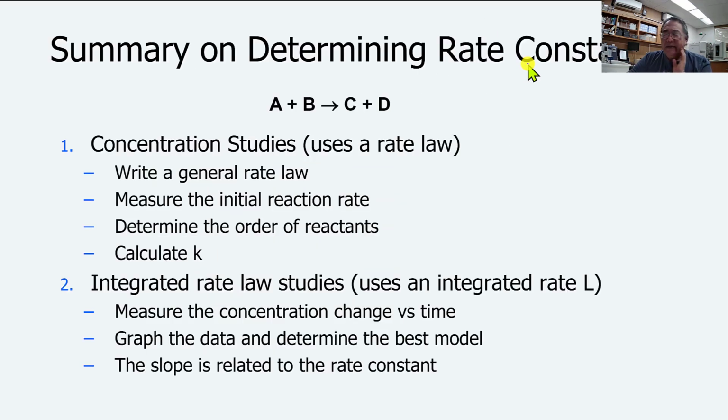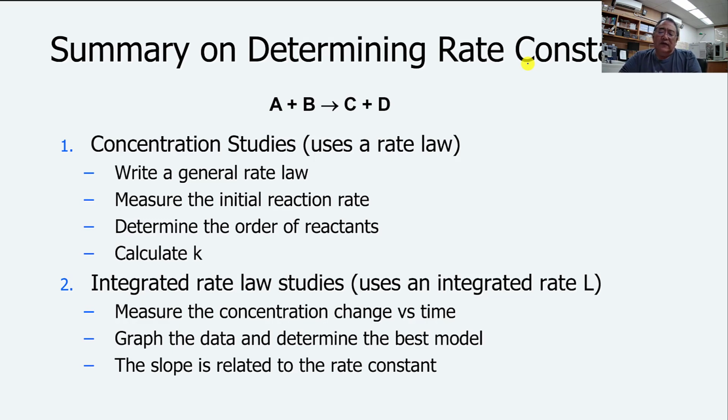Okay, and hopefully you were able to get it to work, right? This is just a summary of this section because we've already covered a lot of ways to do the same thing, and this can be confusing. So I just wanted to lay out the different ways, generally, how a rate constant could be determined.